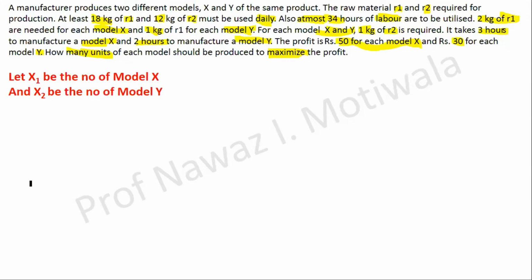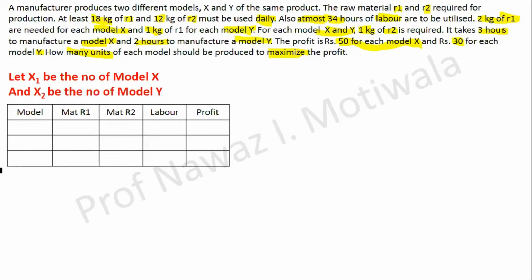So I will convert all the highlighted data into tabular form. So there are two models X and Y which will be requiring some material R1, some material R2 and some sort of labor, and there is some profit associated with each of them.